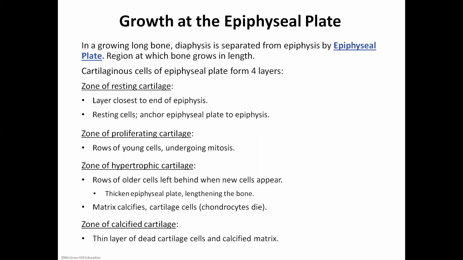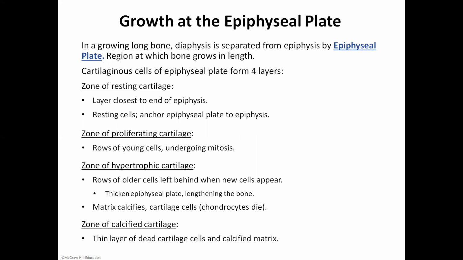And so just so you know, there are 4 different layers of the epiphyseal plate. There's a resting zone, a proliferating zone, a hypertrophic, and a calcified. In the resting zone, this is where they're just sort of anchored there, and they're the closest to the ends. With the zone of proliferating, now they're undergoing mitosis, so you're going to have more cells present.